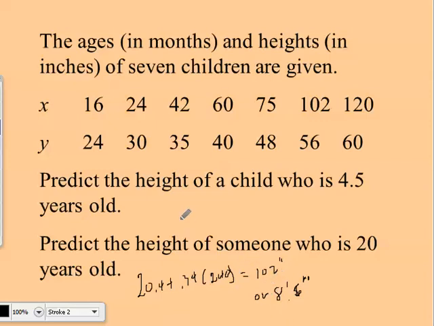Why isn't it working? If they're 4.5, I did get it to predict something there. Let's see: 4 times 12 is 48, plus 6 is 54 months, right? That would be 20.4 plus 0.34 times 54. And we did get a number there, right? 0.34 times 54, plus 20.4.